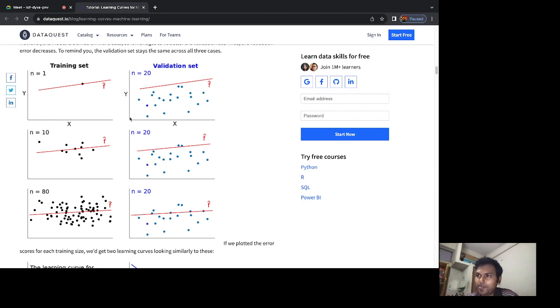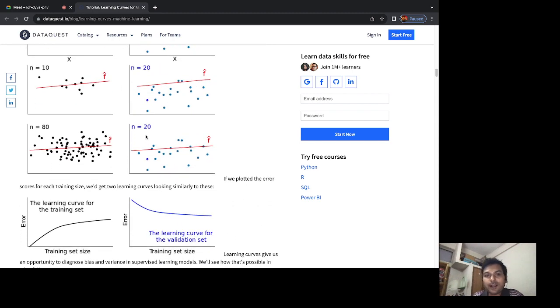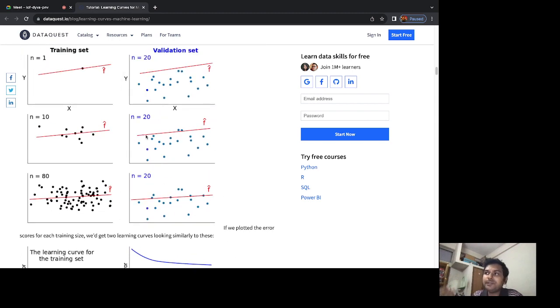At least we thought with respect to this linear regression model, like a line. If you have a linear regression model, then at one particular point of time, of course it will start to get more error on the training set, because your hypothesis is so strong that it is a linear regression model.